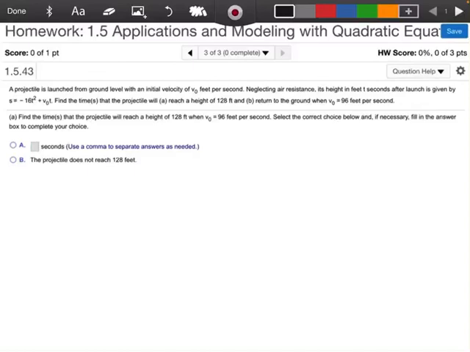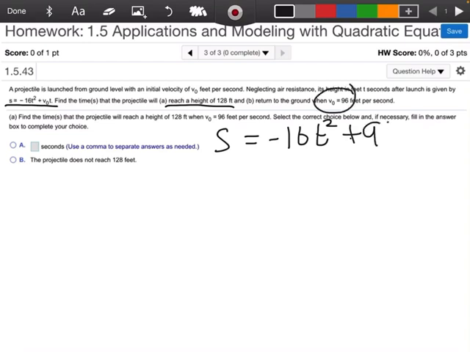Okay, so let's do part A here. We're going to figure out when it's going to reach a height of 128 feet. So the equation that they give us right here, I'm just going to write it down. S is equal to negative 16t squared plus v0t. Now they're already telling me that v0 is 96, so that's going to be 96t.